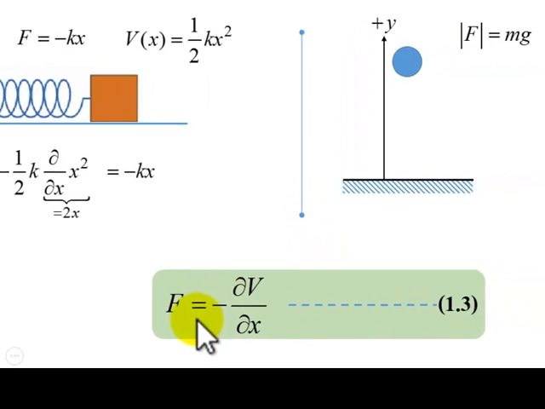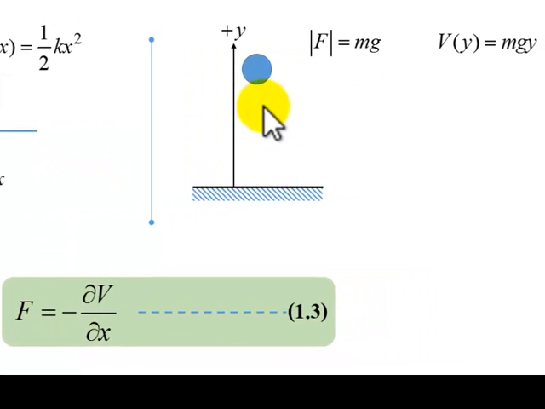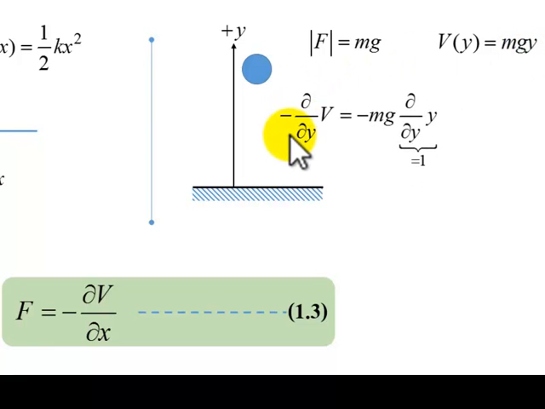Now, let us try to verify this relation for the case of gravity, where the potential energy V of y is equal to mgy. Minus the derivative of V with respect to y is equal to the constant minus mg, leaving inside d dy of y, which is equal to 1.